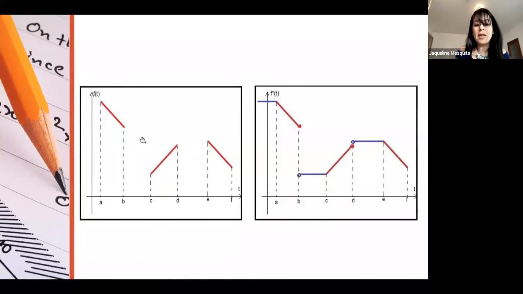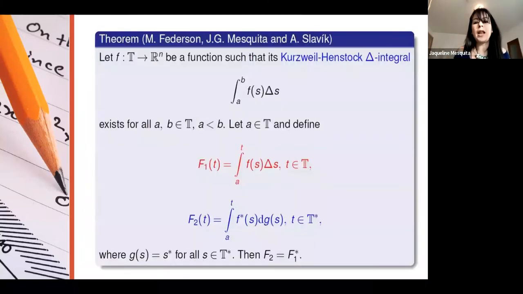Now, using this extension, we are able to establish relations between the delta integrals in the sense of time scales and a type of Stieltjes integrals. Here we have this delta integral in the sense of Kurzweil-Henstock, but for the time scales. This is F1, the integral in the sense of time scales, and here is F2, the Stieltjes integral, both in the sense of Kurzweil-Henstock. So Kurzweil-Henstock delta integrals and Kurzweil-Henstock Stieltjes integrals.